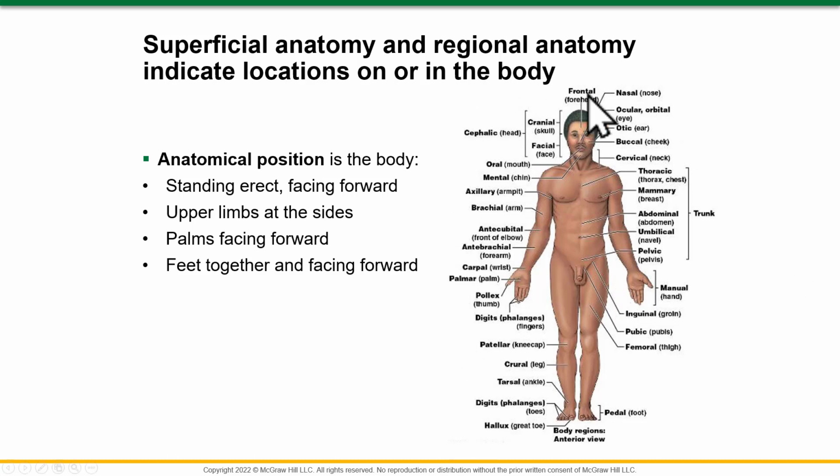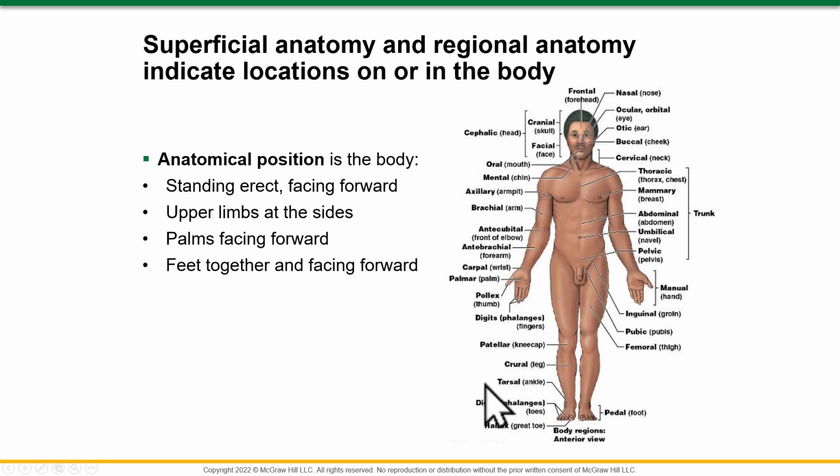Now we have specific names for these locations in the body. You do need to learn these. This is one of the worksheets that I've given you. It is important. You will be using these and referring to these as we go through the different units, as we go through the skeletal system, as we go through the muscles.